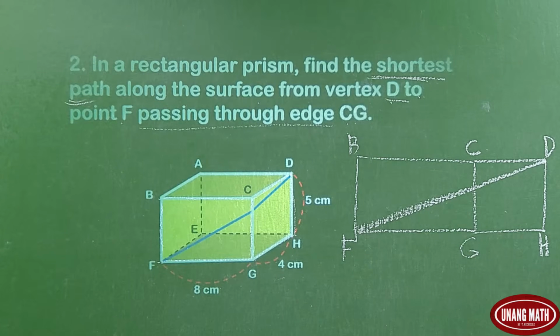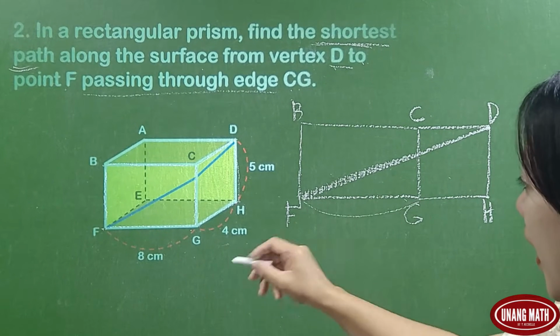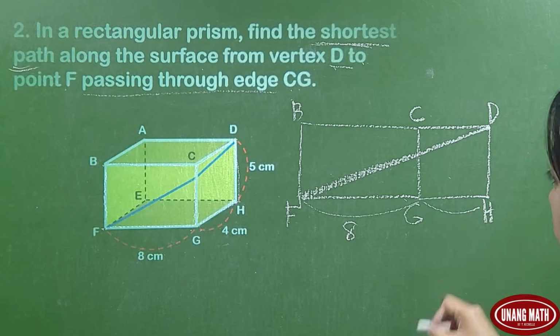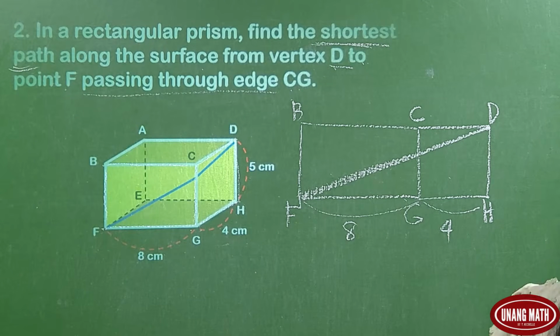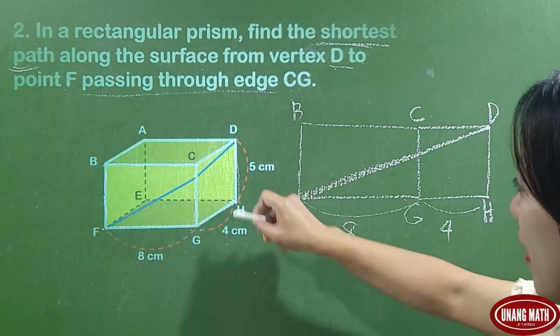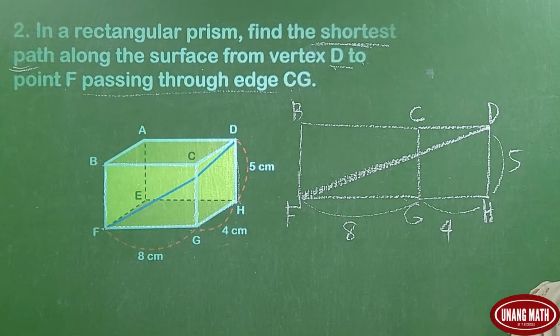Okay, now, it's given that FG is 8 centimeters. GH is 4 centimeters. And this line segment DH is 5 centimeters.